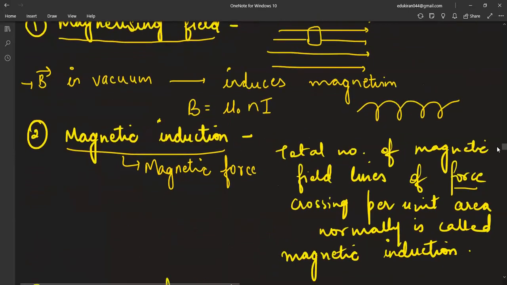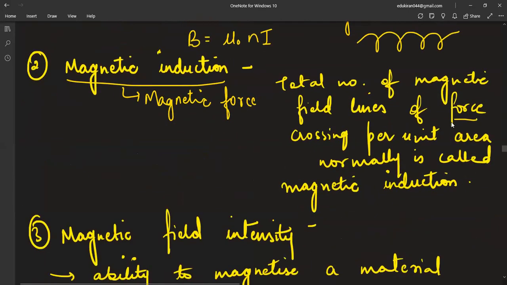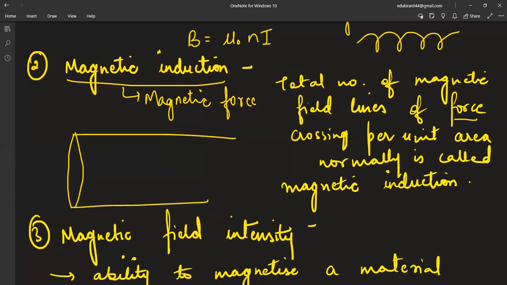Magnetic induction: total number of magnetic field lines of force crossing per unit area normally, meaning making an angle of 90 degrees, is called magnetic induction. Suppose this is a wire.